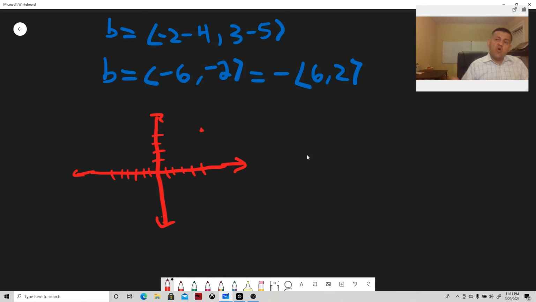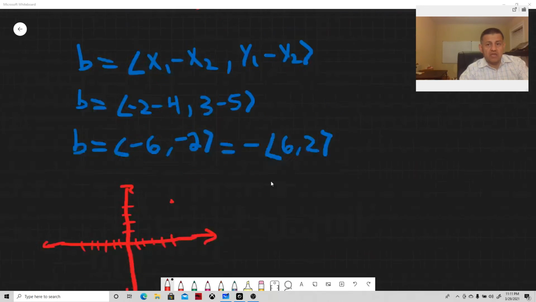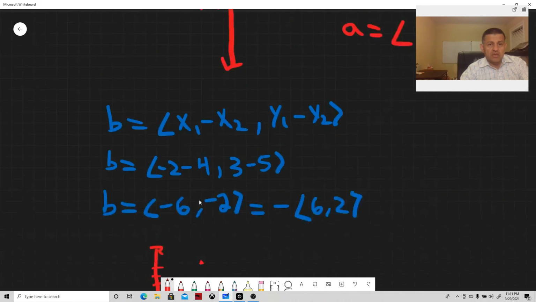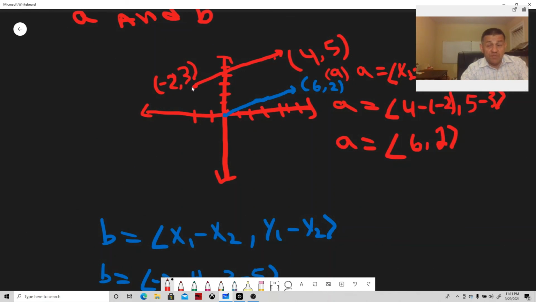And then we are going in that direction, right? So this is the starting point. Now the arrow is going to be where this point right here is. This is going to be the arrow now.